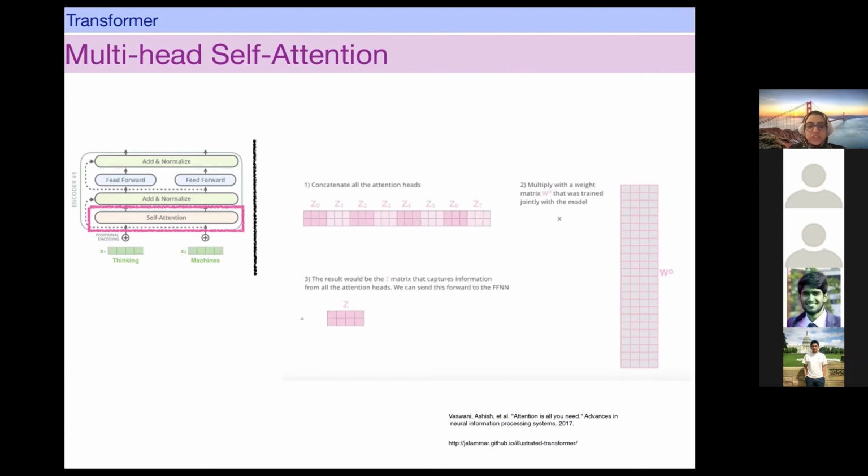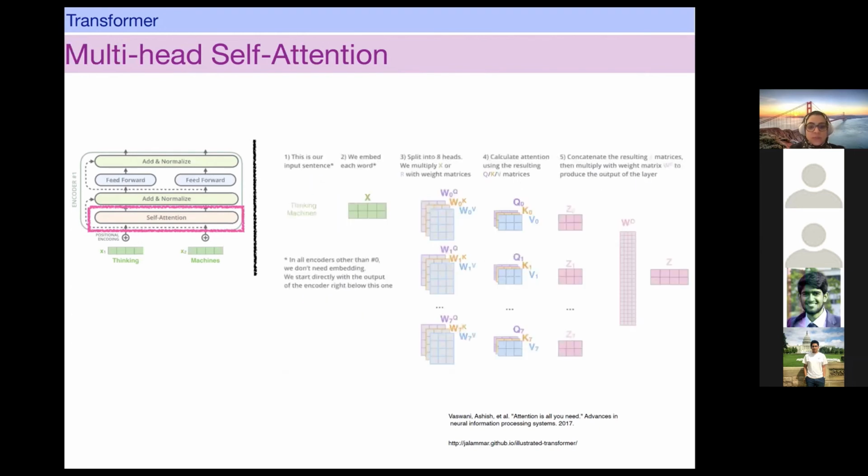Okay, so we're done with the first cell, which is multi-head self-attention. If we look at this entire figure, we have this word, and then we get the word embedding. We pass it through positional encoding. Then we have different weights for different heads. We multiply the input with them, and we get different queries, keys, and values.